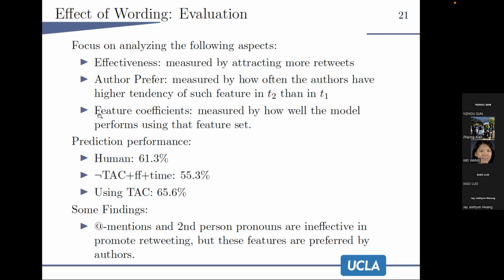They also measure the feature coefficients, which is how well the model performs using that particular feature set. They have the same model but feed in different features to try to predict which tweet gets more widespread. The underlying assumption is that the better that feature is, the more useful it would be in terms of making a tweet popular.